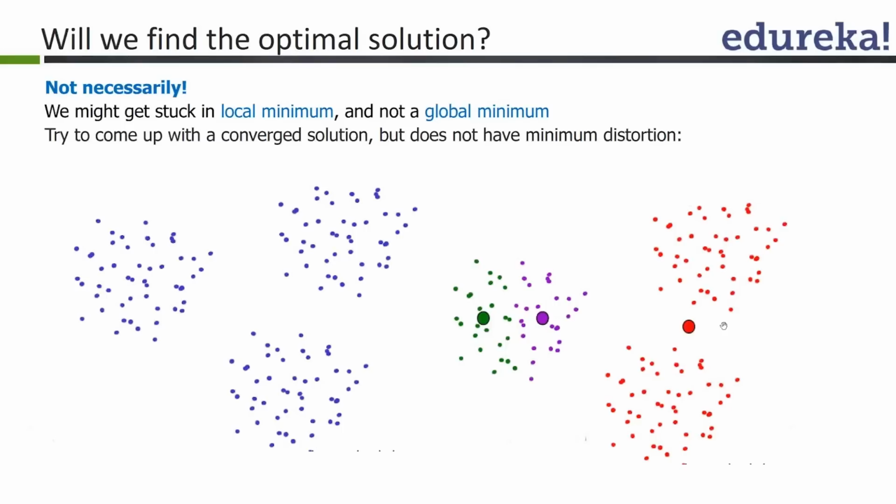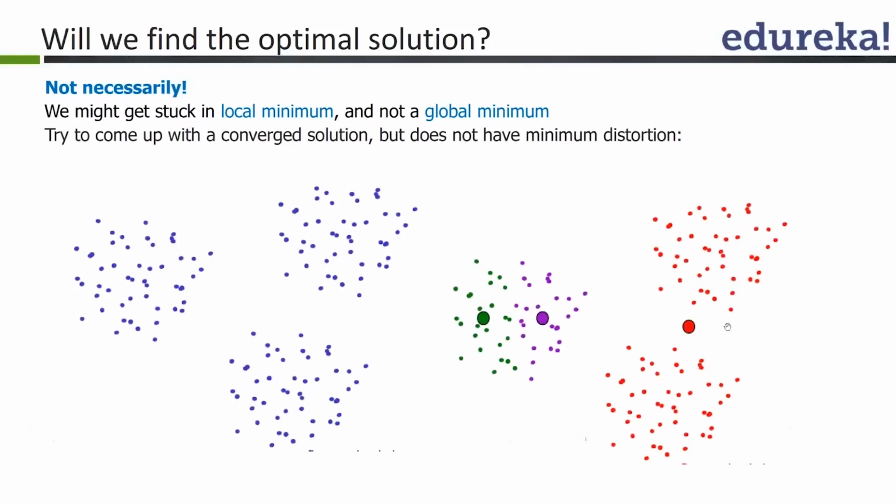This is exactly showing that particular scenario pictorially. If I have these points and I want to divide them into 3 clusters, then my obvious solution would be one cluster here, a second cluster here, and a third cluster here. But if I run my algorithm, depending on where I start, I can get an answer like this as well: one cluster, second cluster, and third cluster.